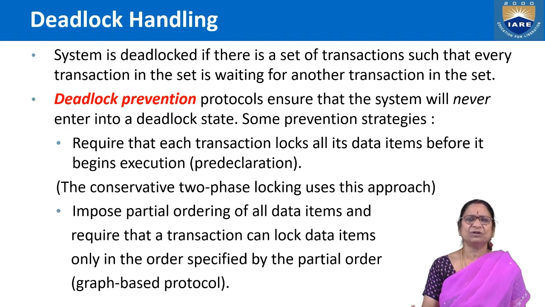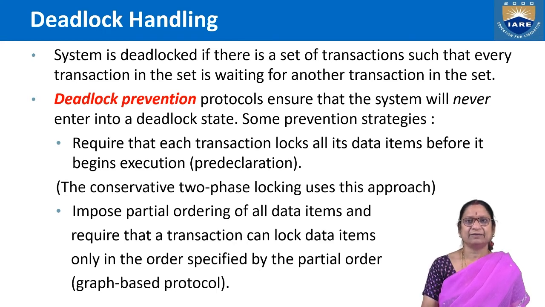So it does not wait for any lock, and it does not enter into deadlock. But there may be other problems: some transactions requiring locks on these items will have a longer queue in the waiting state. The conservative two-phase locking protocol uses the same approach. By using this approach, we can prevent a deadlock.